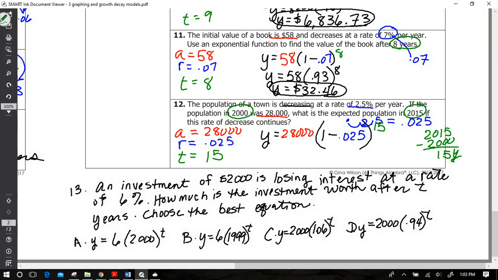Okay, and now I do want to pause here and I want to ask you to tell me, for number 12, what is the decay factor? Okay, so go ahead and think about that for just a minute and then let me know what you come up with for your decay factor.